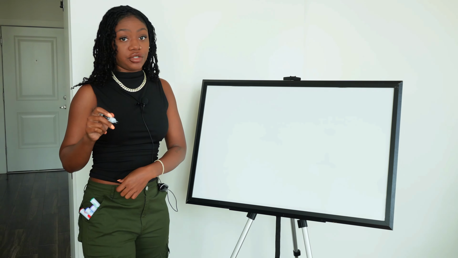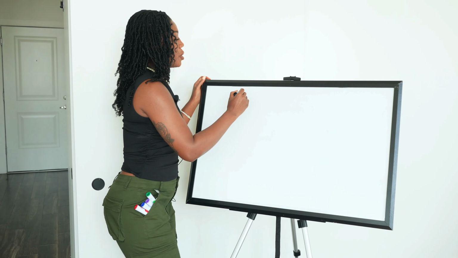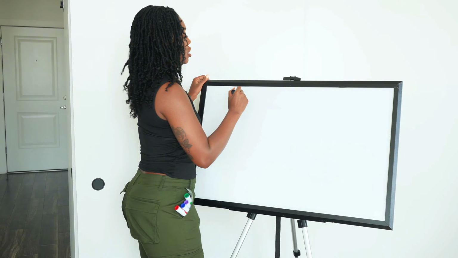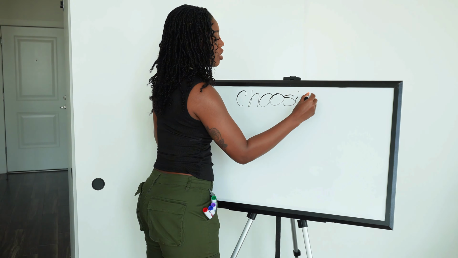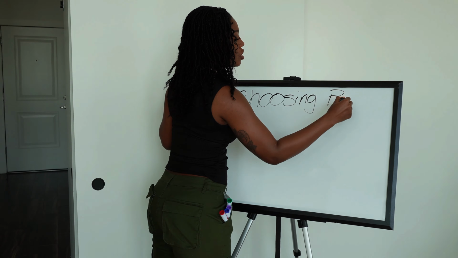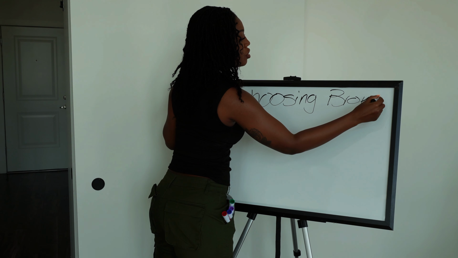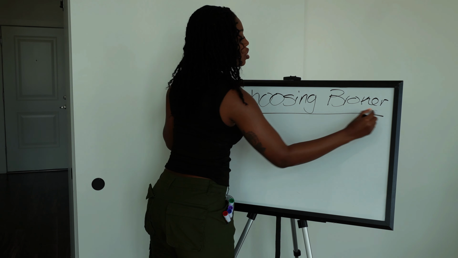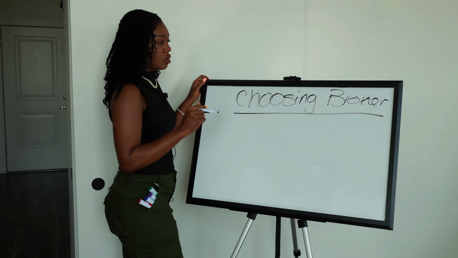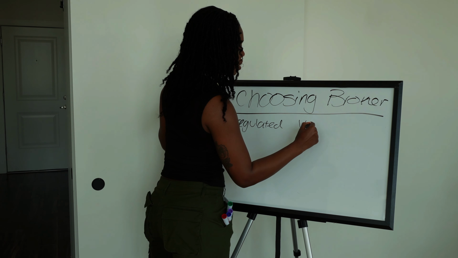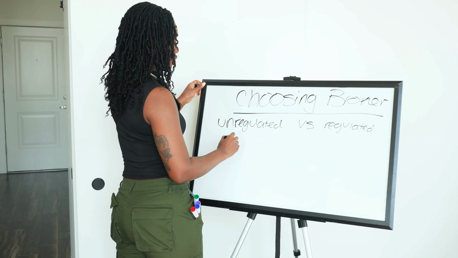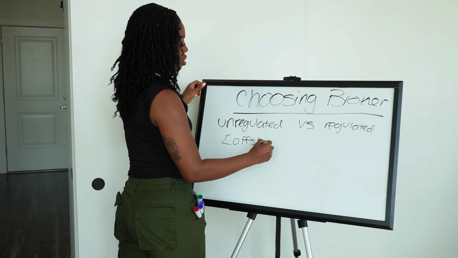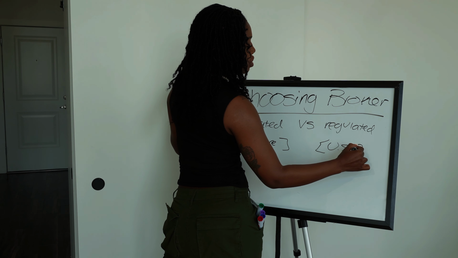Let's actually talk about choosing a broker. I'm not going to go too much into this because I have an entire video dedicated to it, and I also go over this in depth in my course and get you guys set up on the broker that I use. But when it comes to choosing a broker, you're going to hear two words: unregulated versus regulated, also known as offshore versus US based.